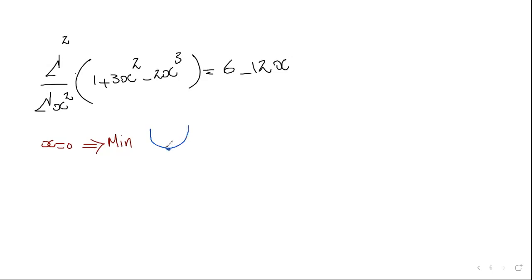And this point, x equal to 0, which has a horizontal tangent, becomes my minimum point. But wait a minute, how can I relate this to the second derivative?